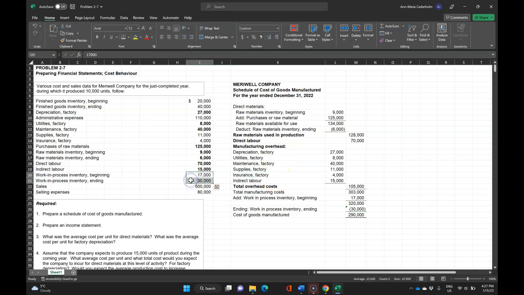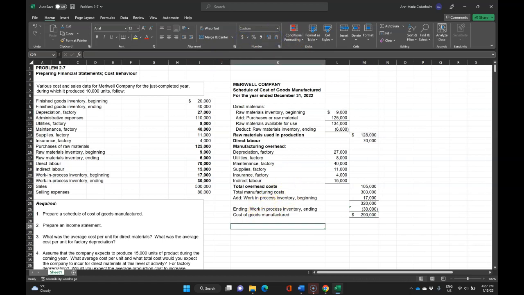I'm going to put bolds on those because I've already used them. And because this is in good form, a dollar sign for each column you use, and then at the end of the schedule.